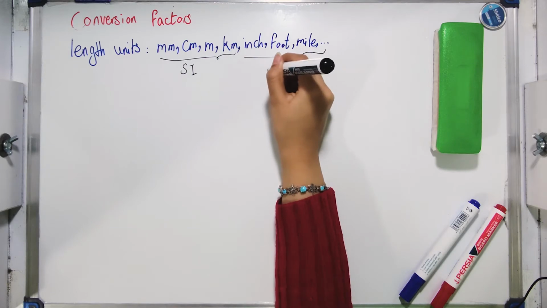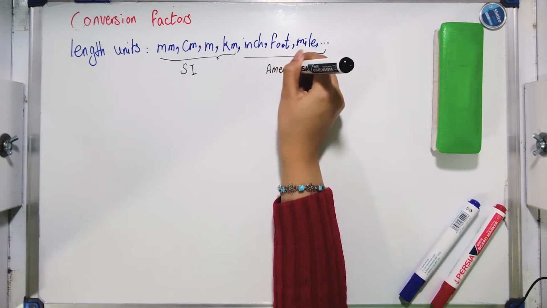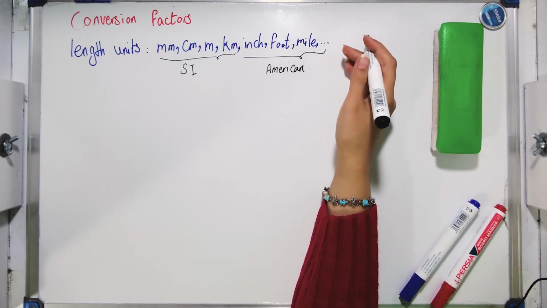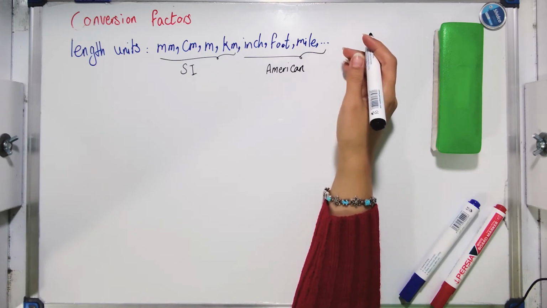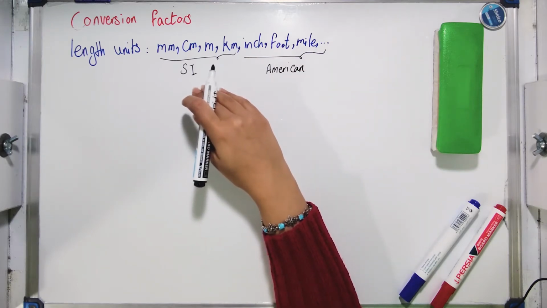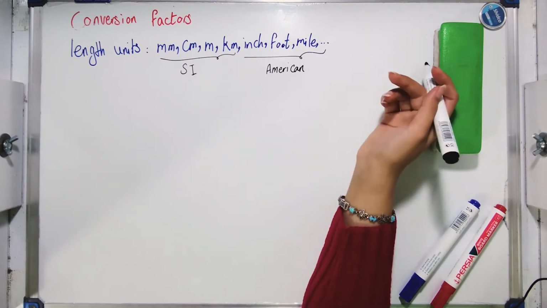So if you want to convert, let's start first between, we call these SI units, and these are American units. They are used in the United States or Britain or their colonies actually. But the international system is used in different countries.